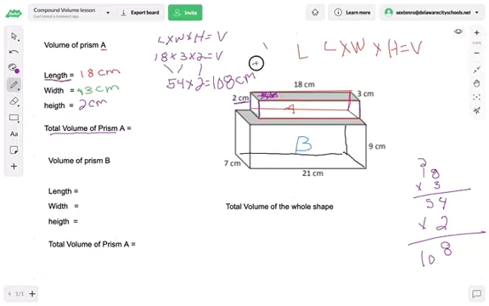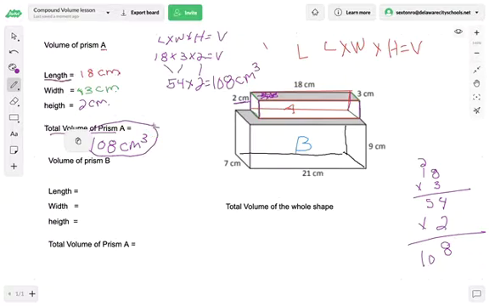It's centimeters cubed because it's a centimeter times a centimeter times a centimeter. So my total volume of Prism A is 108 centimeters cubed, right? And I'm going to circle my answer because I know Mr. Sexton likes that.